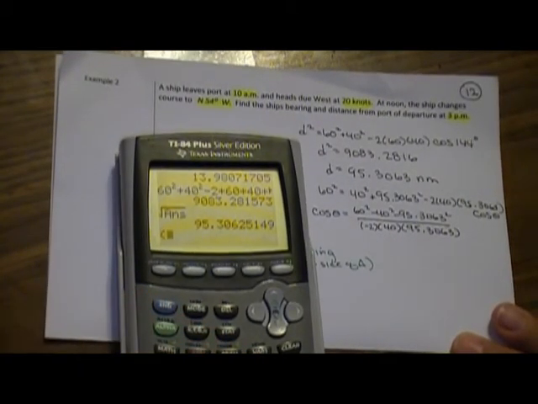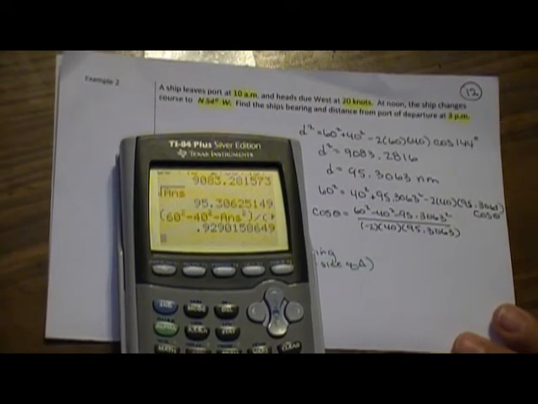Using our calculator, I'm going to put a parenthesis and I'm going to go 60 squared minus 40 squared minus my answer squared, divided by parenthesis negative 2 times 40 times my answer.